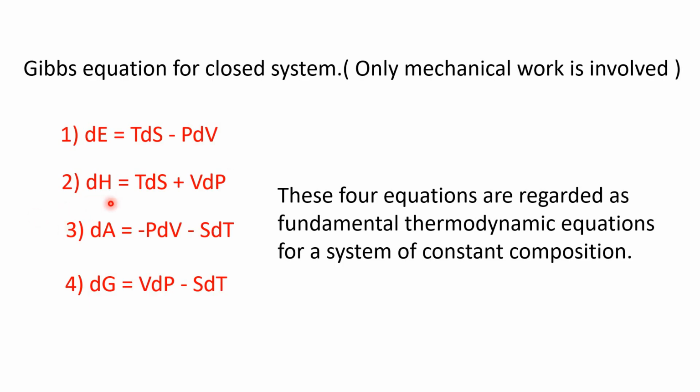Number 2, change in enthalpy dH is equal to TdS plus VdP. Number 3, change in Helmholtz free energy dA is equal to minus PdV minus SdT. Number 4, change in Gibbs free energy dG is equal to VdP minus SdT. And I told that these 4 equations are the fundamental thermodynamic equations for a system of constant composition, where composition cannot change. That means closed system.